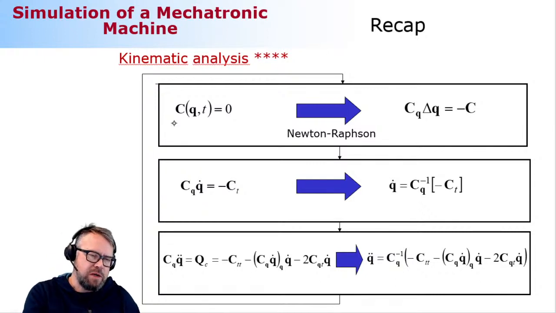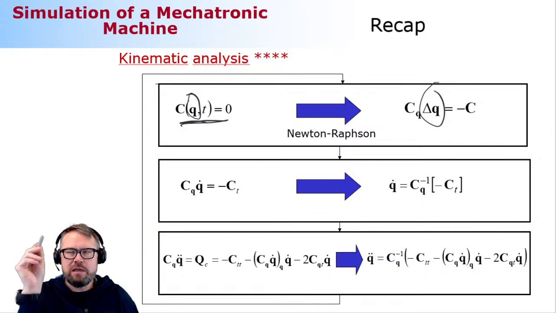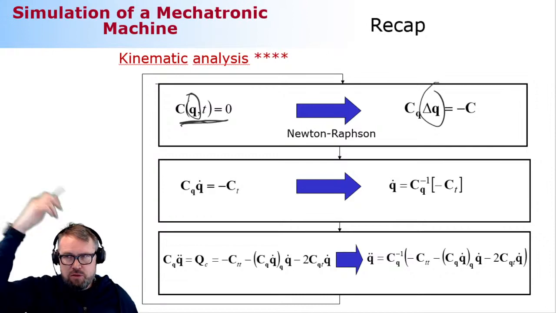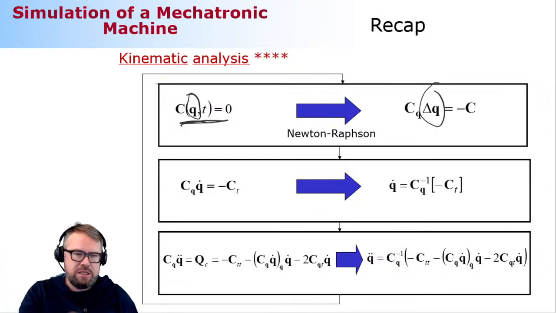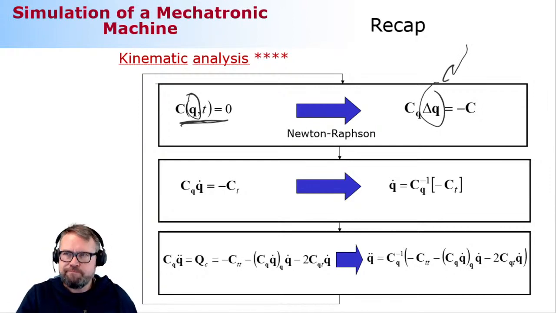You take your constraint equation, and then you solve for these generalized coordinates in an iterative manner, where you're computing the Newton difference. The Newton difference is not the solution, but it's telling you how you can update your coordinates to find the solution. All right, so this is like a GPS system. It's telling you the direction to travel to find your final destination.